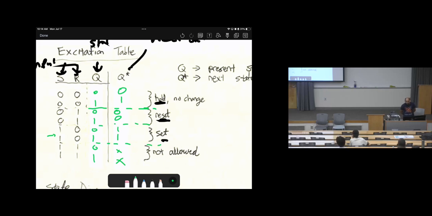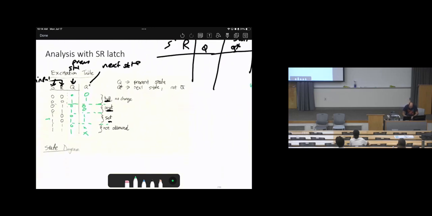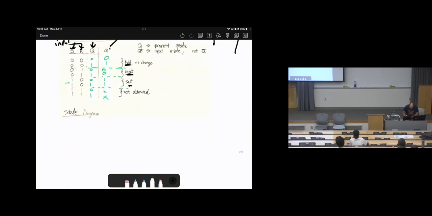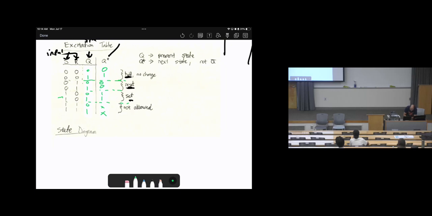So, how can we draw this? Sometimes in the generalized model, we write it like this.